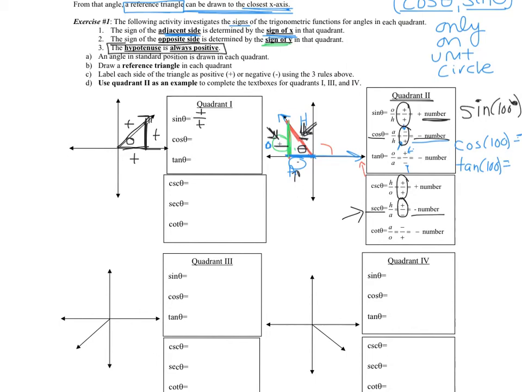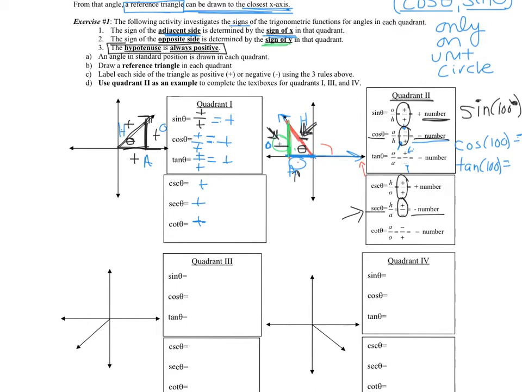Here's my theta, and here's my opposite, adjacent, and hypotenuse. So sine, opposite over hypotenuse, is positive over positive, which is a positive number. Everything here is positive, and of course everything else will be positive because in quadrant 1, everything is always positive.